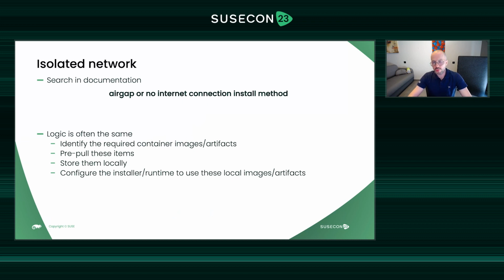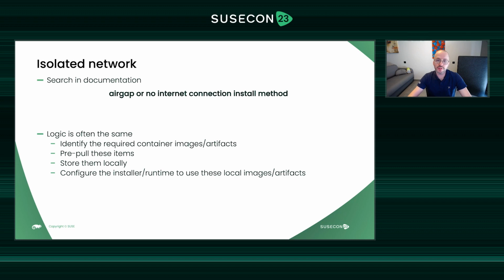The first thing to do when you need to install a Kubernetes cluster inside this kind of isolated network is to search the documentation, because pretty often the install tools have taken this context into account. If you search for air gap or no internet connection install method, there are plenty of tools managing this kind of situation properly. The logic is often the same.